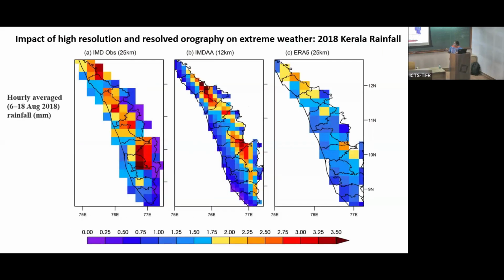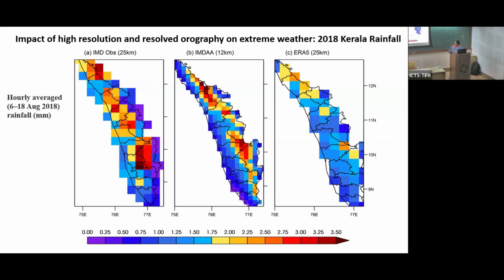Since it is a regional model with a regional domain, we use high resolution topography data, again at 12-kilometer resolution. So we checked how this regional reanalysis predicts extreme weather events. We analyzed the 2018 extreme rainfall over Kerala.